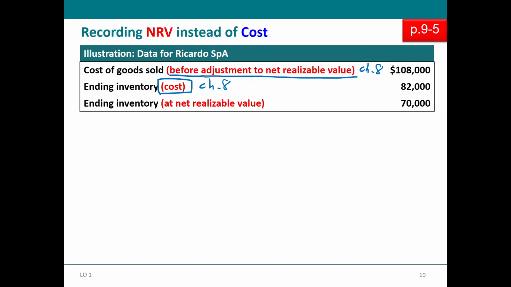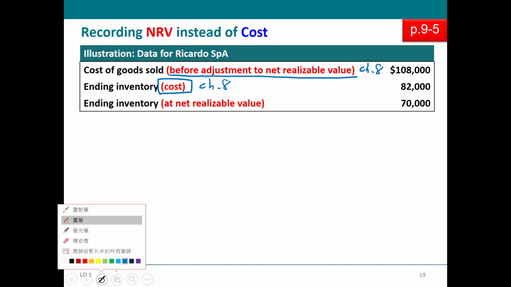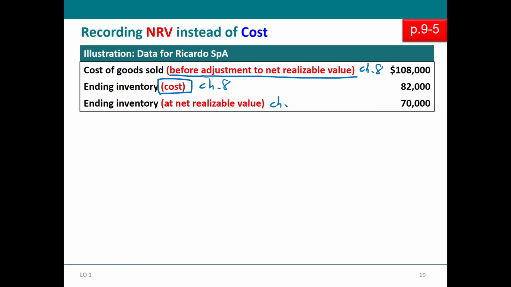Okay? And right now it told you that because of some bad news, you have ending inventory at NRV. So how much? $70,000. So this is what your chapter 9 told you. And compare these two numbers. Could you tell me whether you have bad news or good news? Bad news, right? Your value decreased because of bad news.